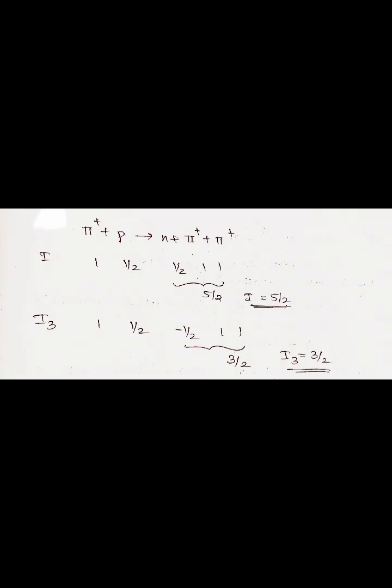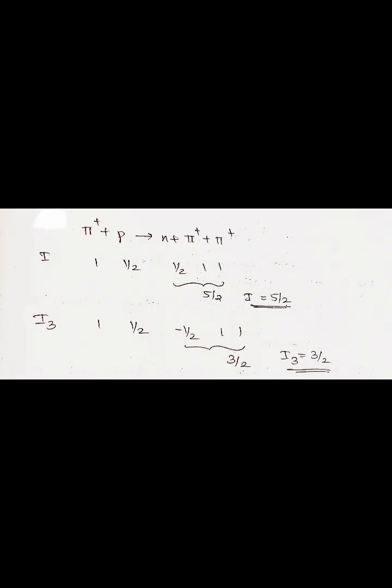That means we need to find the sum of the isospin I and the I3 value of n, pi plus and pi plus. So the equation given here is pi plus plus p gives n plus pi plus plus pi plus.